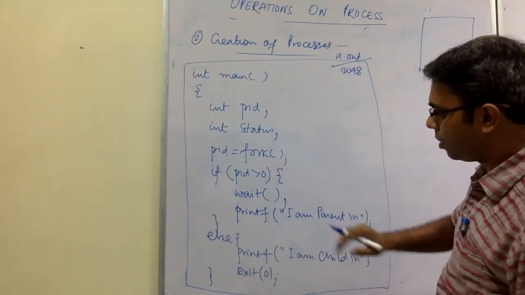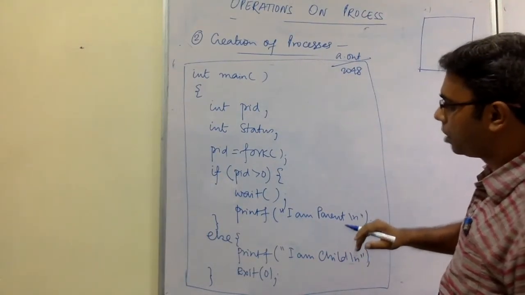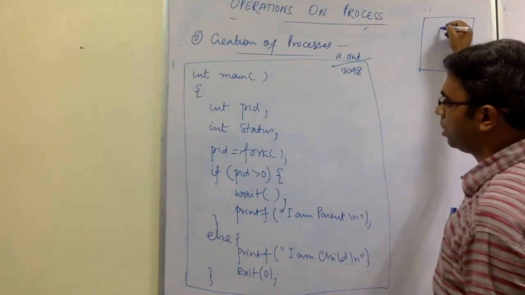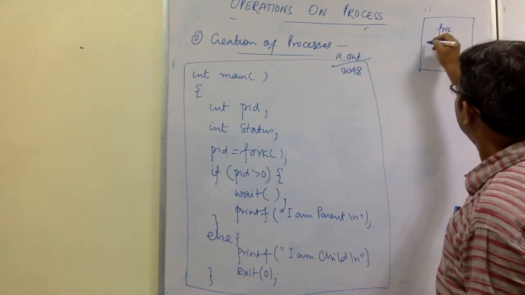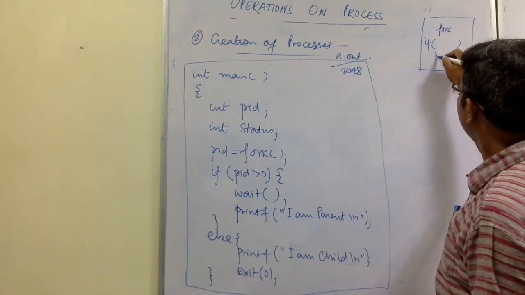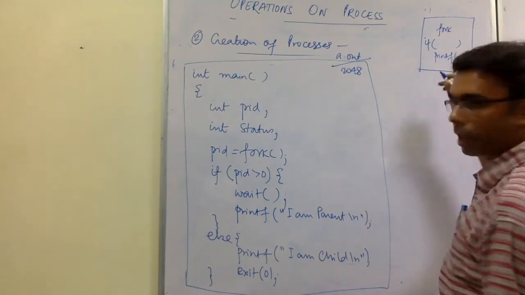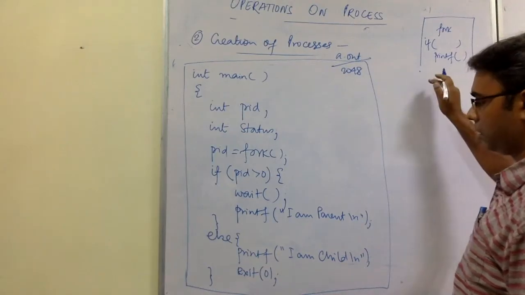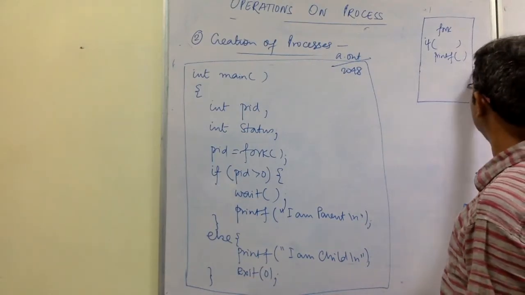We have a fork, then an if condition check, then a printf, and then an else block.